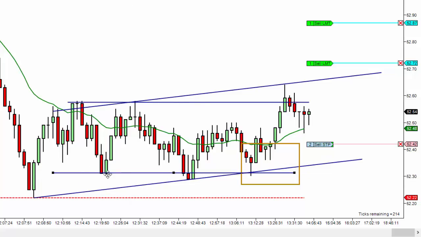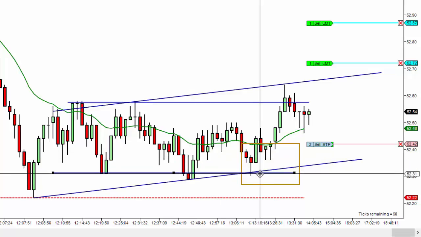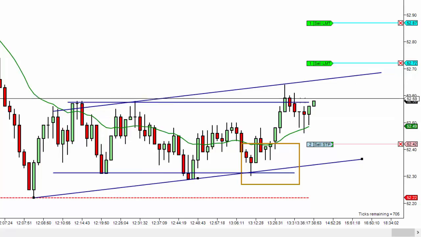Actually, this is a micro double bottom. Price goes down, comes back up, goes down, comes back up. Here we've had tests down here, rejection down here, and we're at the top of this range. Now this is a second entry long off of here. We see rejection down here, and so this is a breakout area.